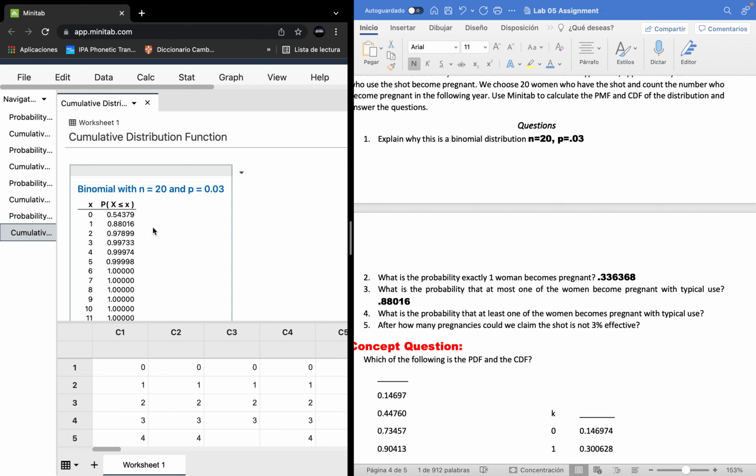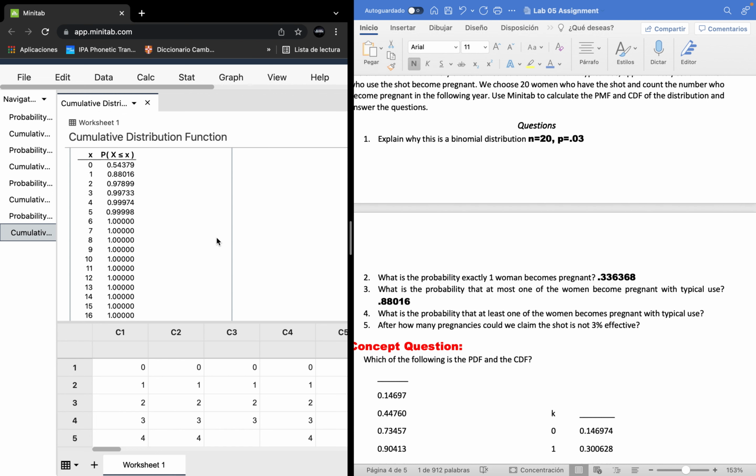So if you do this, subtract 1 minus the probability of 0, that is 1 minus 0.54379.